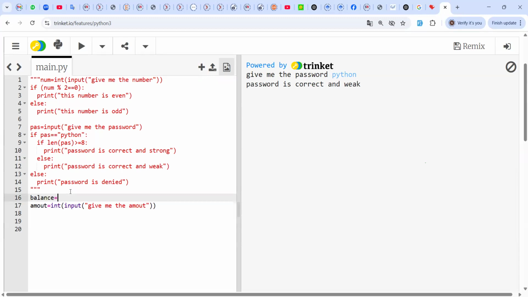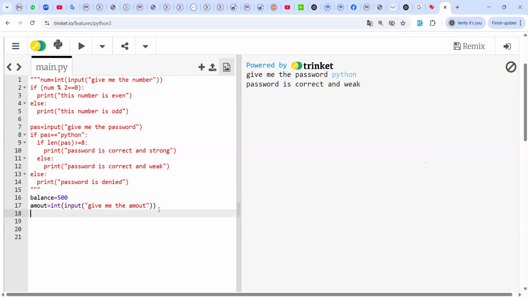The balance means how much I have in my bank account. For example, let's say we have 500, okay? And the amount I'm going to take from this balance is stored in this variable. Okay, guys?